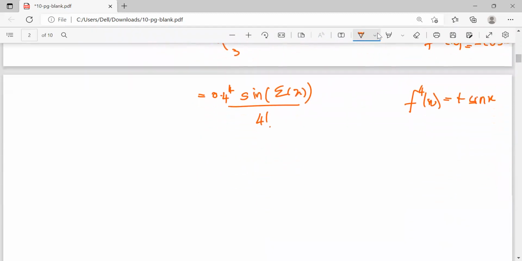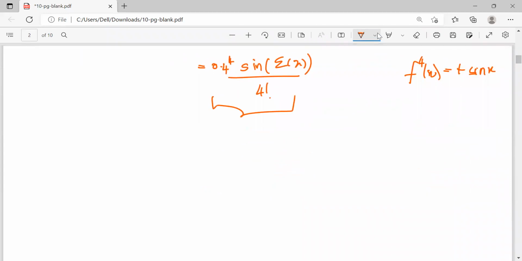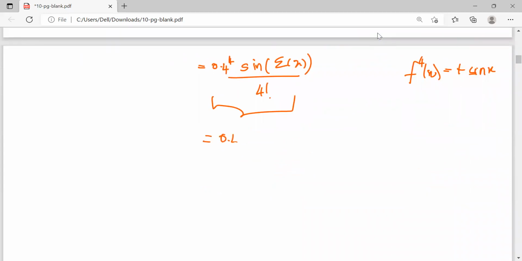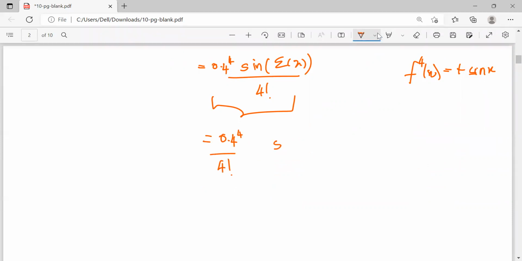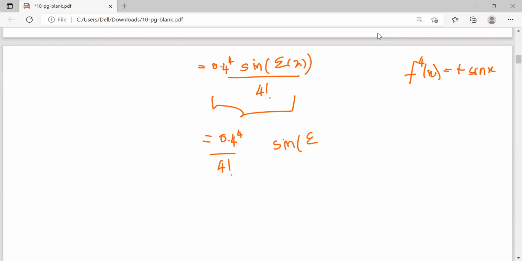To find the maximum value of this, anyhow these are fixed values, so it purely depends on how epsilon x behaves. If epsilon x increases, we know the sine value will increase from 0, because from 0 to pi by 2 radians the sine is increasing. So up to 0.4 it's going to increase.